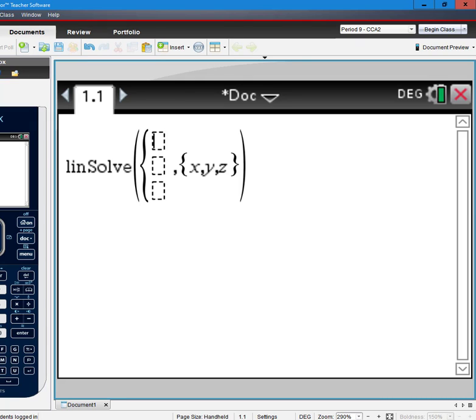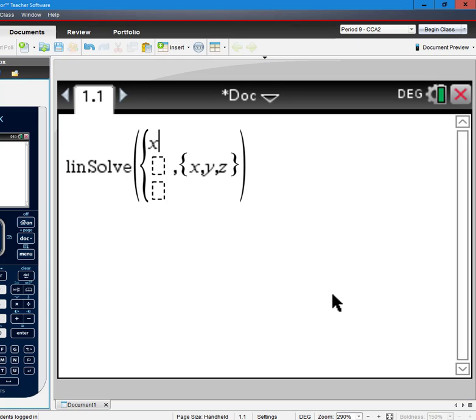Then you're just going to enter each of the equations that we just looked at. So you'll enter your x plus y minus 2z, and you have to put in the equals because you have to enter them as equations, so equals negative 11.